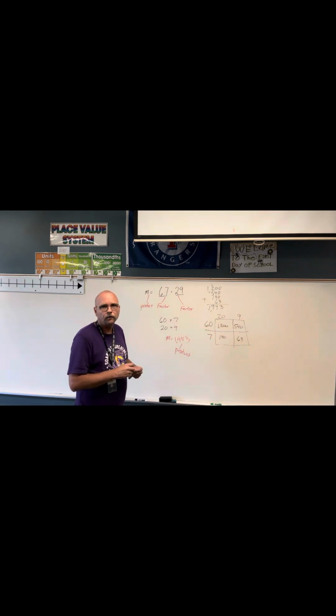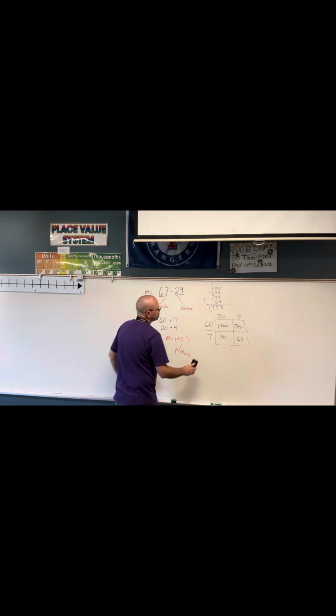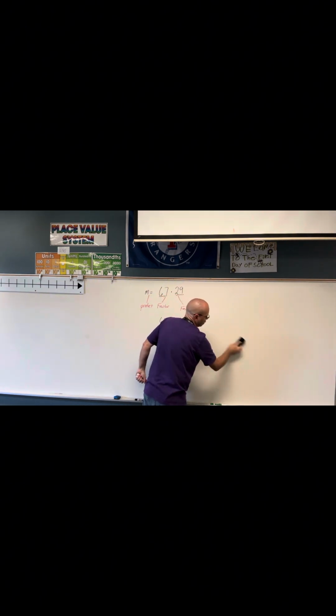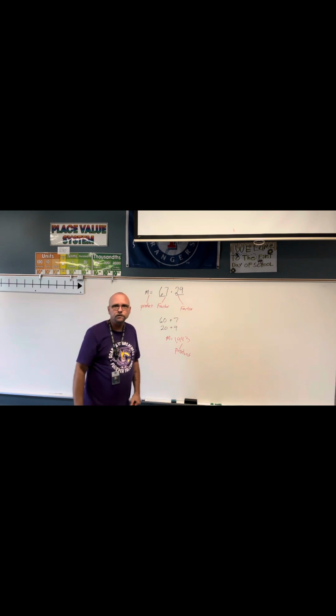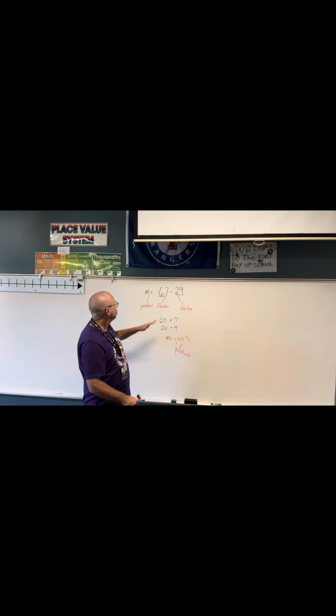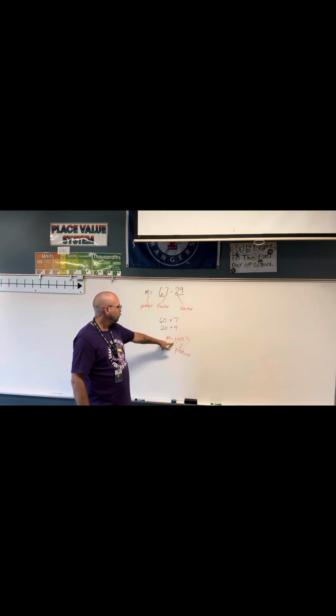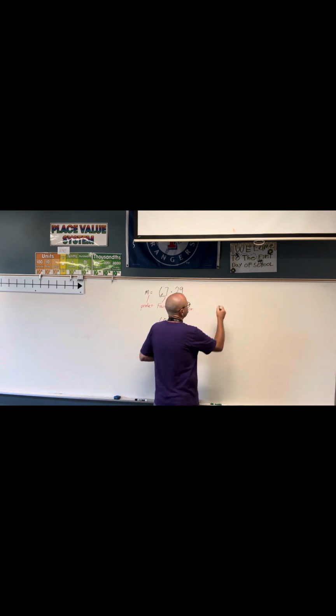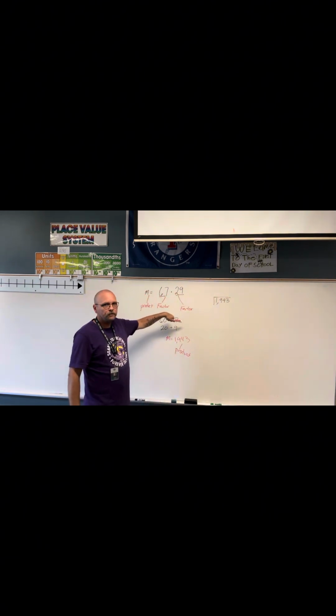Now the cool thing about multiplication is we can use division to check our answer, because they are what is known as inverse operations. So I can take my product, 1,943, and I can divide it by either one of the factors.